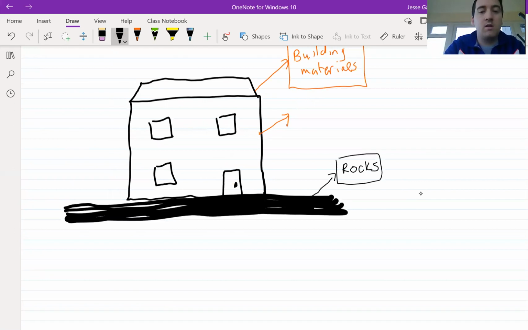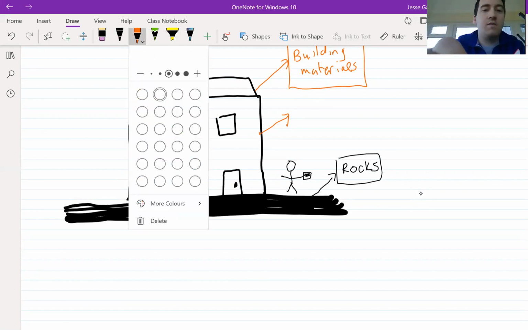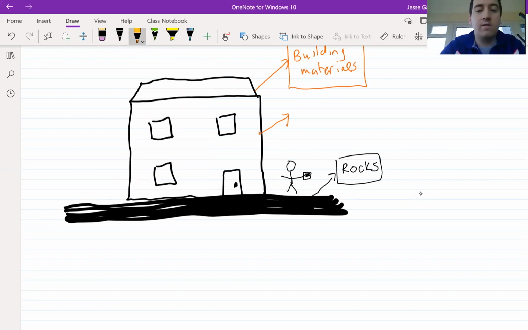Here is a person, and here they are holding their lunch or their dinner. It's a hamburger. So this here is food. Food, believe it or not, also gives off a low level of radiation.